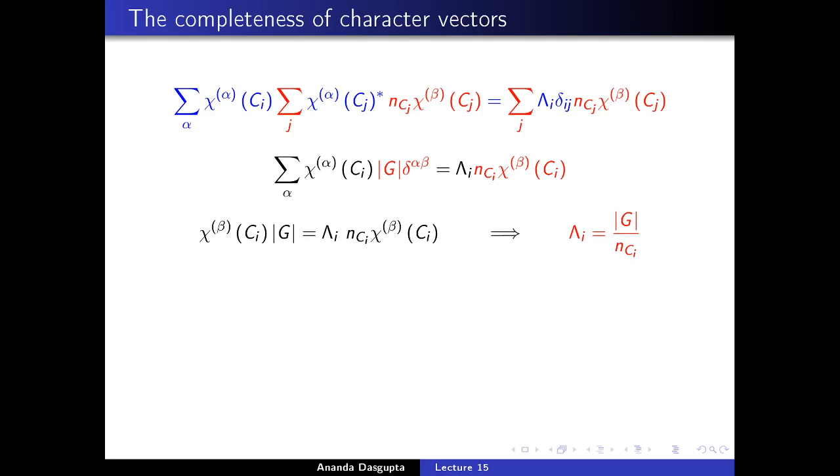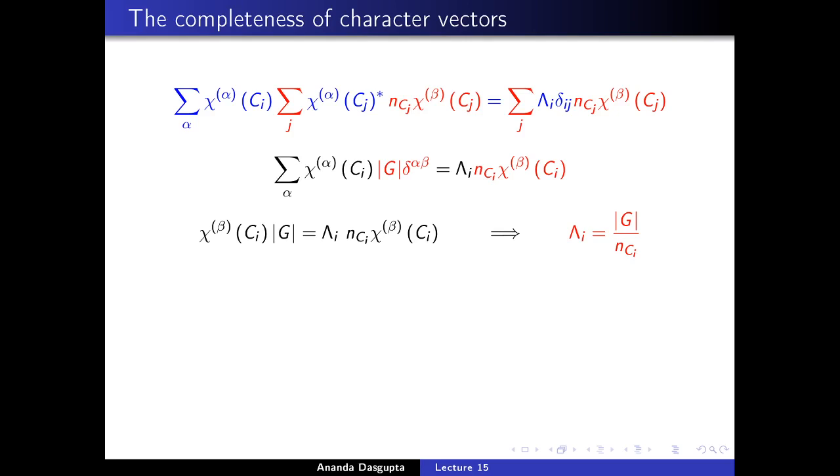Hence, the corresponding character is just the number 1, which definitely is not 0. So, even if you do have some particular irrep for which the ith class has a 0 character, that does not change the fact that this calculation will simply go through. And you will get lambda I equals mod g by nci, irrespective of which irrep you actually used in this particular calculation.